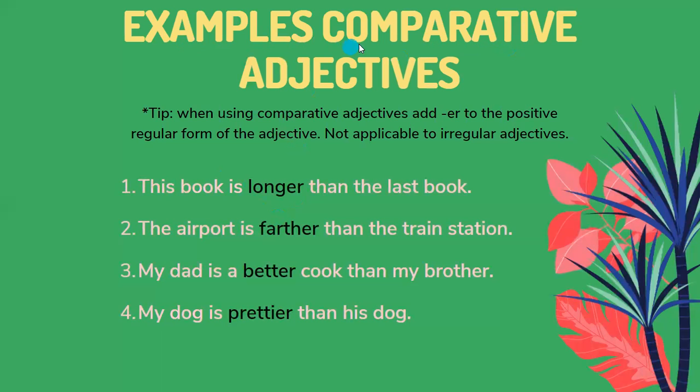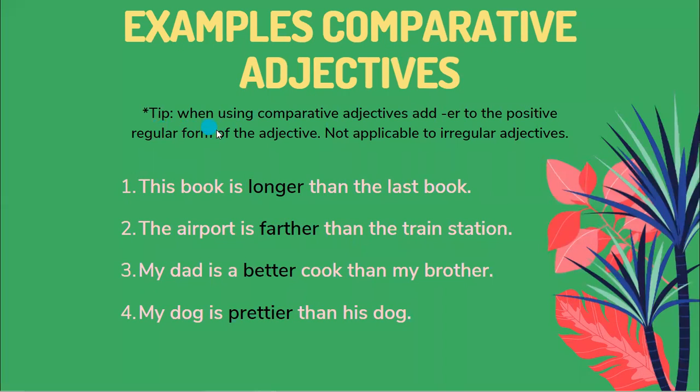Then we have examples of comparative adjectives. As I mentioned before, a tip when using comparative adjectives is adding er to the positive regular form of the adjective. Note that this is not applicable to irregular adjectives, as I mentioned before. So, the first sentence would be, this book is longer than the last book.